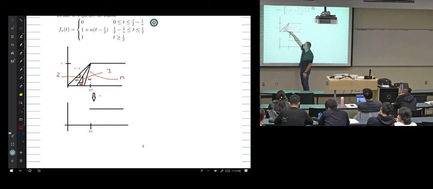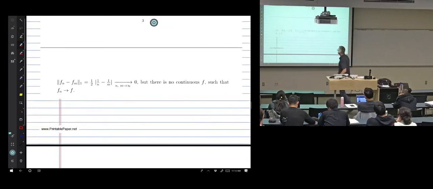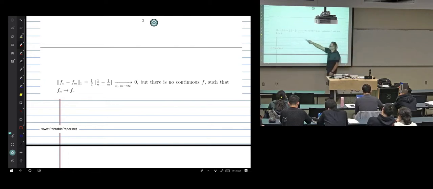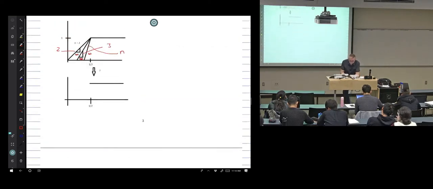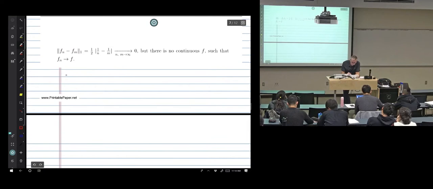As you go farther and farther over, this triangle's area gets really, really small. The area of that triangle is in fact 1/2 times the difference of 1 over n and 1 over m. So this sequence is Cauchy, but there is no continuous function for it to converge to. So the sequence is not convergent. Bummer. So, Cauchy sequence.